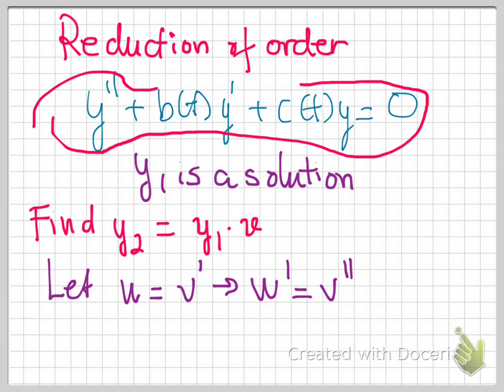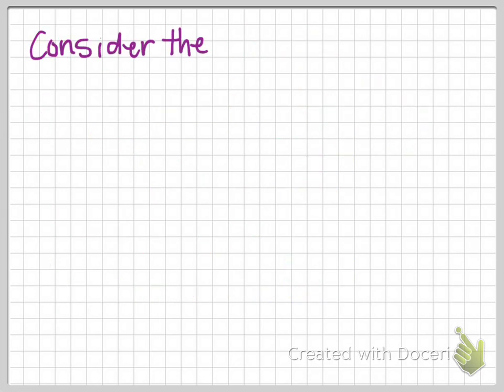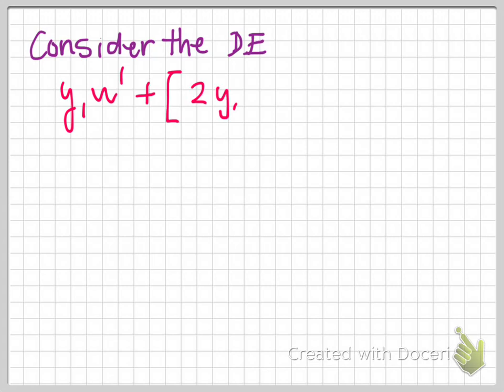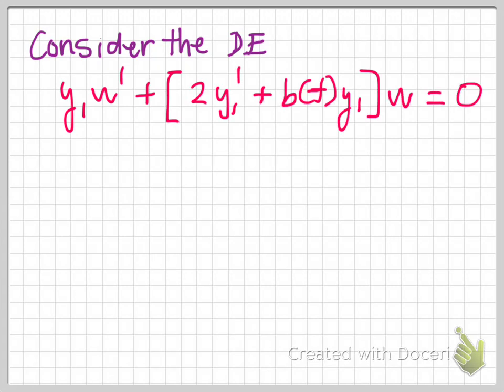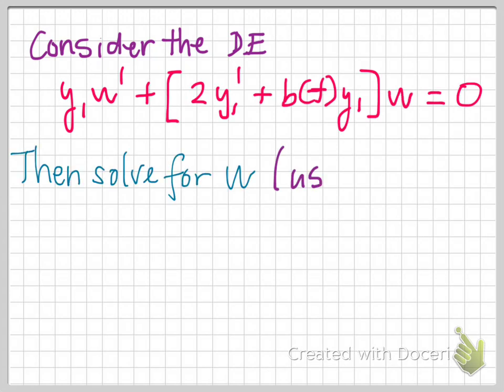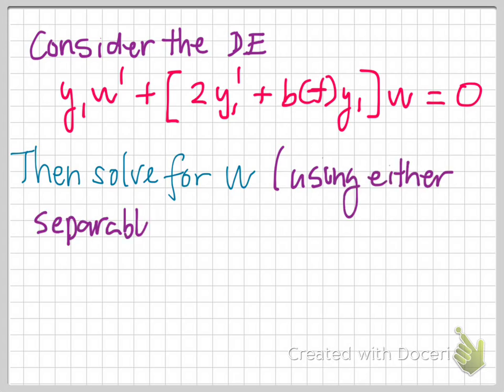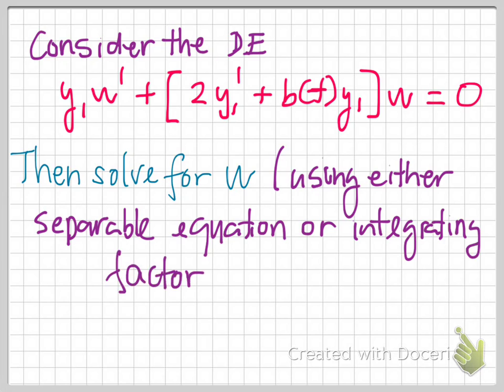Now, how can we use this method? First, we do a substitution. Let w equal v', so w' equals v''. Now let's consider the differential equation y1 w' + (2y1' + b(t) y1) w = 0.